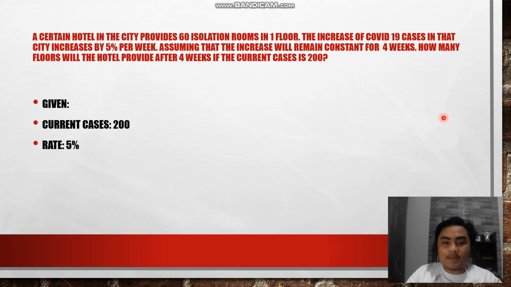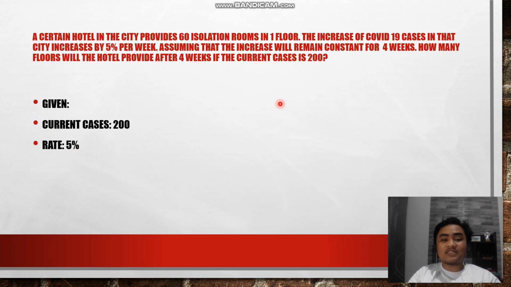The first step to solve this problem is to identify how many cases there will be after 4 weeks, before we can solve how many floors of the hotel will be used after 4 weeks. That is why we have the current cases of 200 and the rate of 5%.